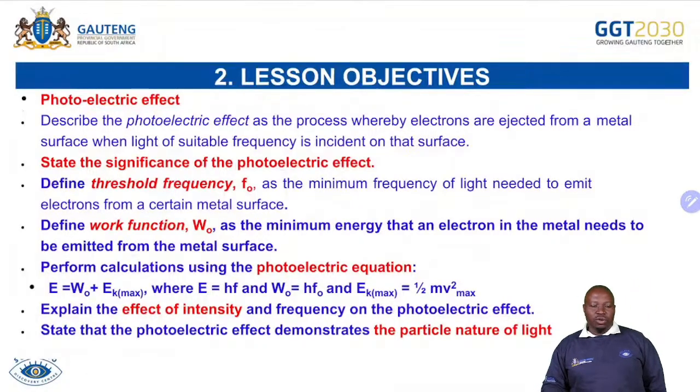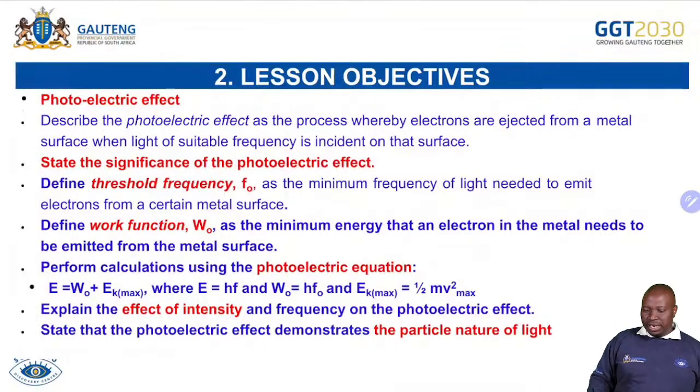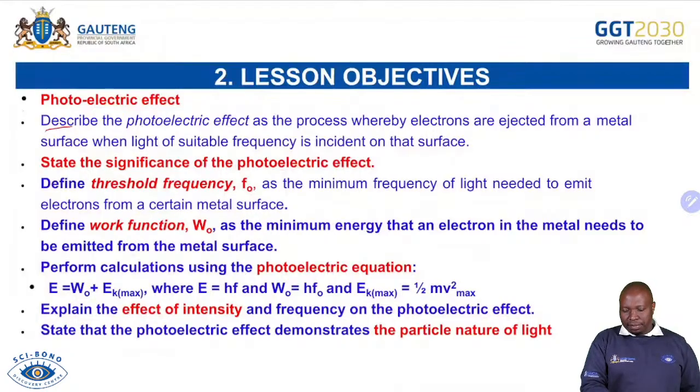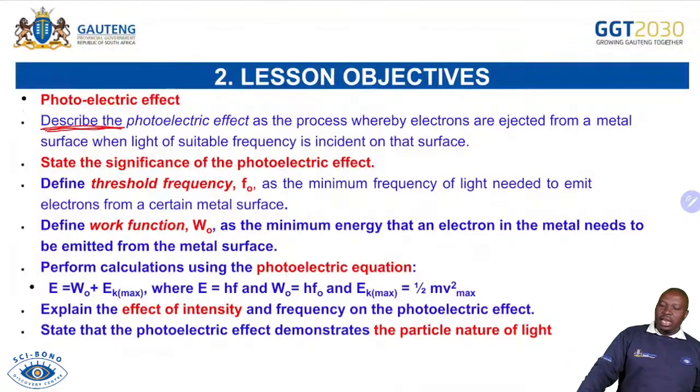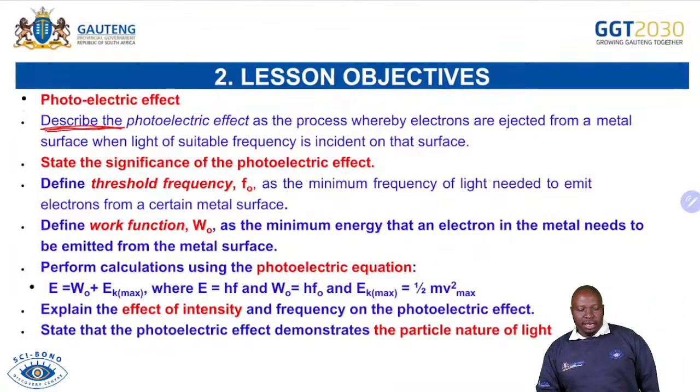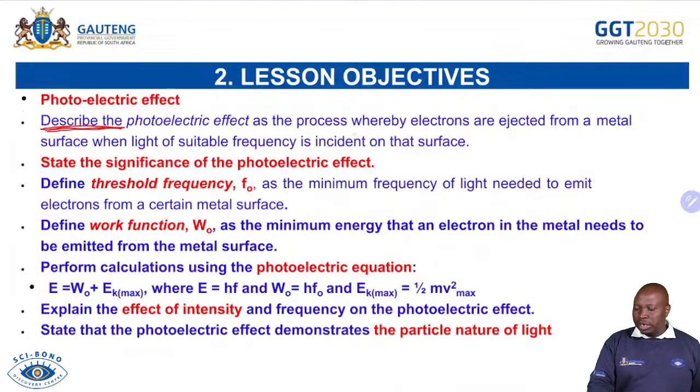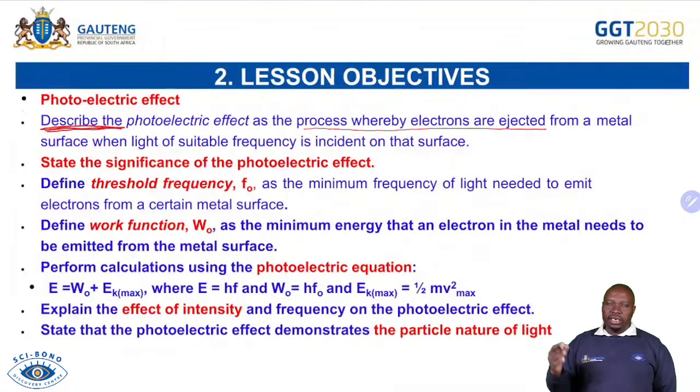The first thing, you must know how to describe the photoelectric effect. You will see in the questions, we'll say define photoelectric effect. And the expectation there is that you will say photoelectric effect is the process whereby electrons are ejected. To eject is to remove.